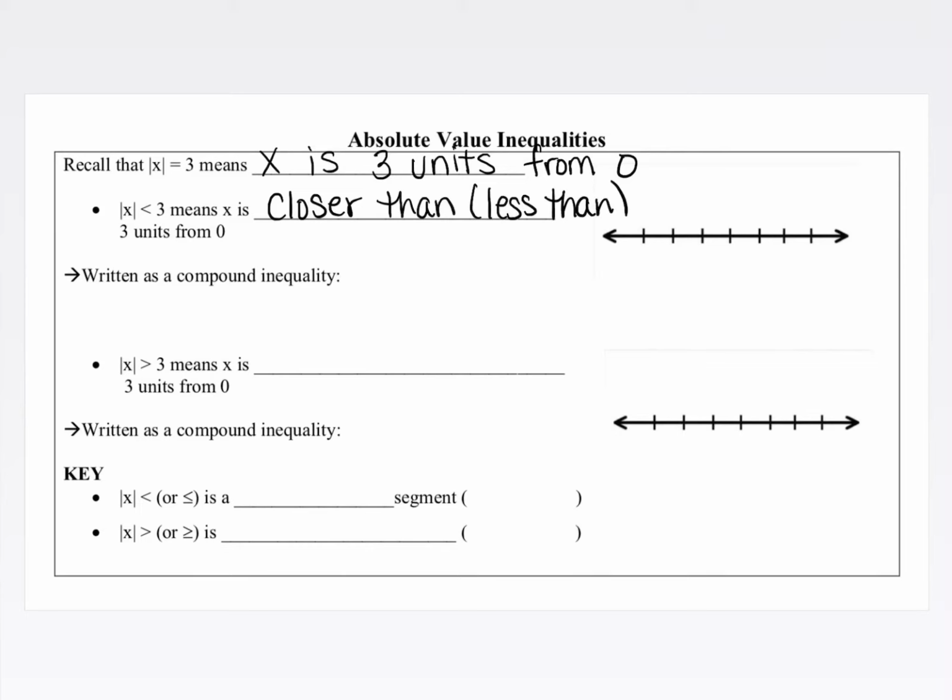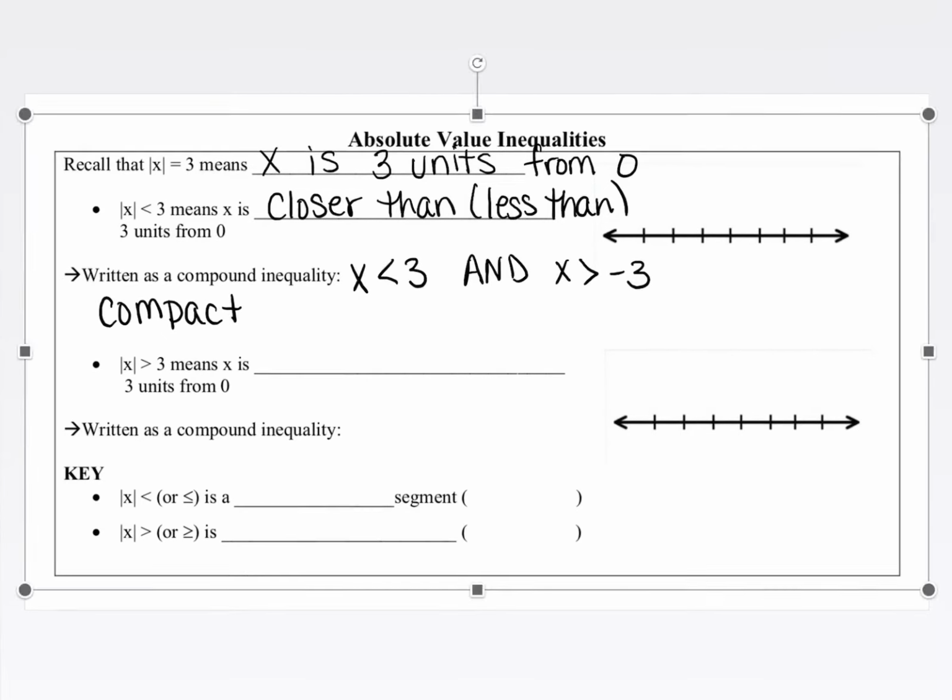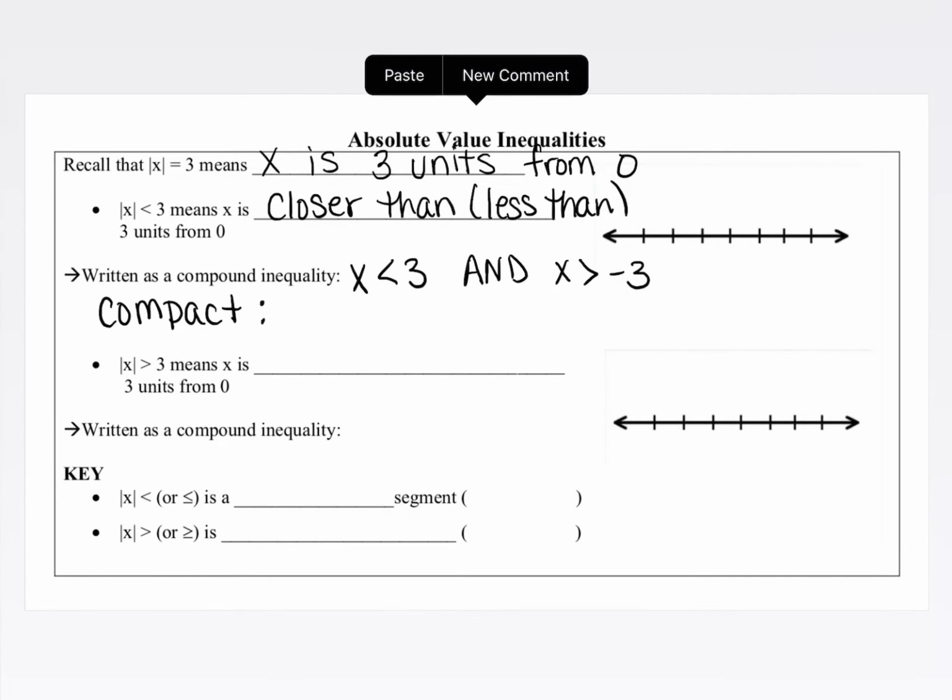So we can write this as a compound inequality, where x is less than 3 and x is greater than negative 3. We can also write this in a compact form because we're dealing with an and compound inequality, where negative 3 is less than x, which is less than 3.